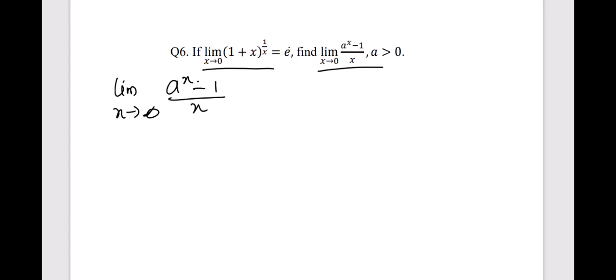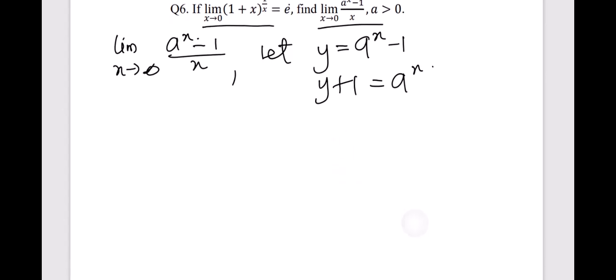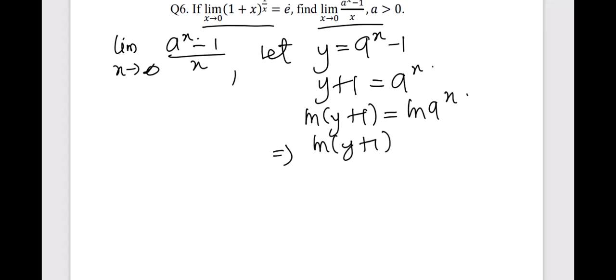So we can just say let y equal a^x minus 1, and so we have y plus 1 equals a^x. We can take ln of both sides, so we have ln(y plus 1) equals ln(a^x), and so this will imply that ln(y plus 1) equals x ln a.